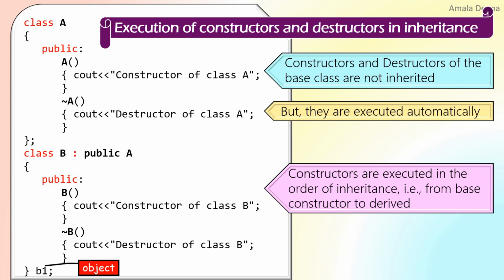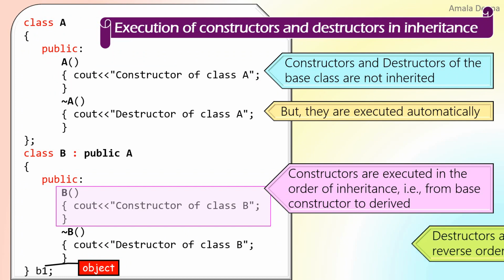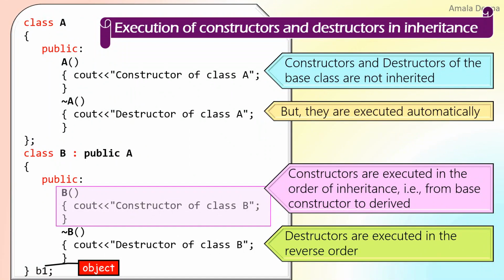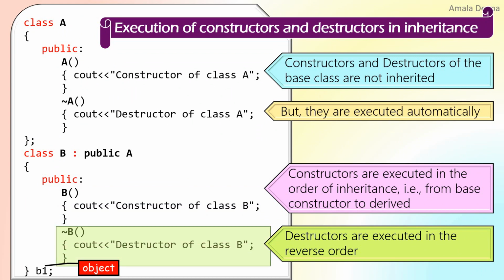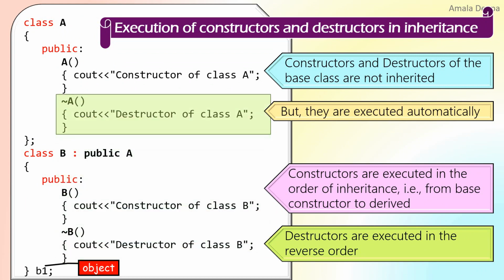That is, as soon as I create an object of the derived class, the constructor of the base class first gets executed and then the constructor of the derived class. And when this object goes out of scope, the destructors are executed in the reverse order. That is, first the destructor of the derived class and then the destructor of the base class.